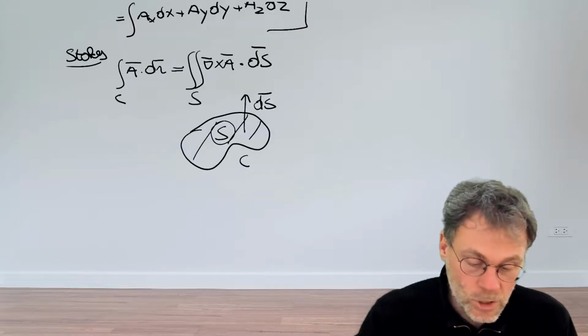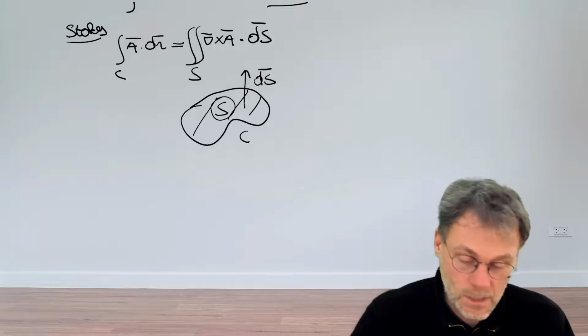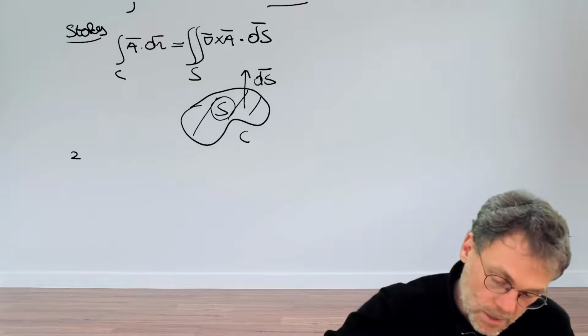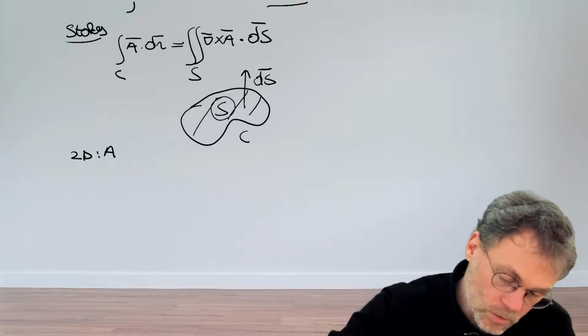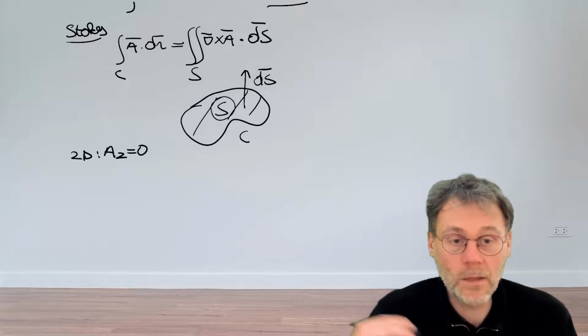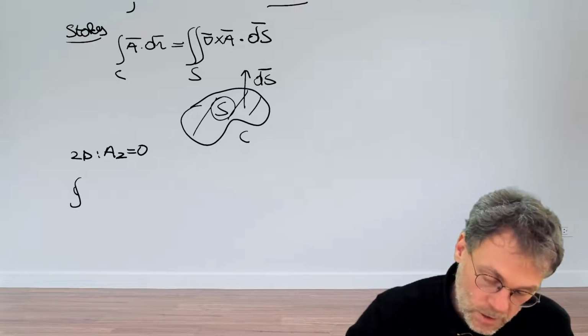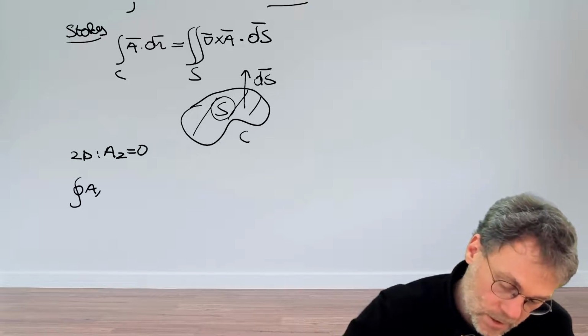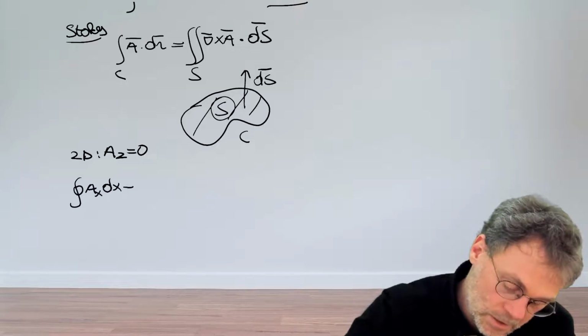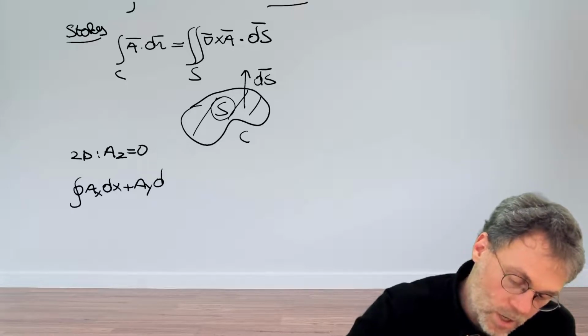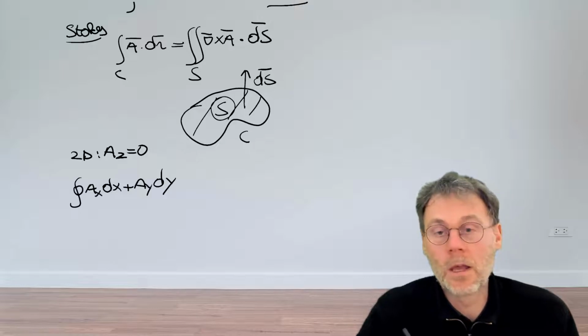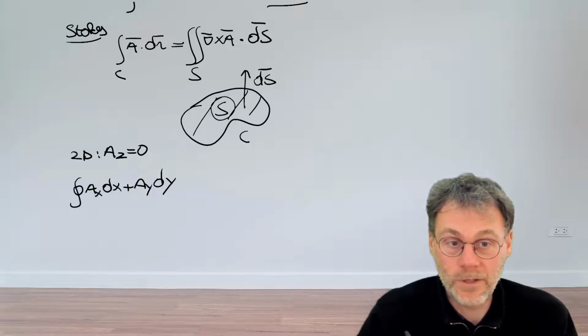So in the two-dimensional case, there's no Az. So Az is basically equal to 0. And then for the left-hand side, we can write this, if we expand this, as Ax dx plus Ay dy. So that's very simple, the left-hand side.